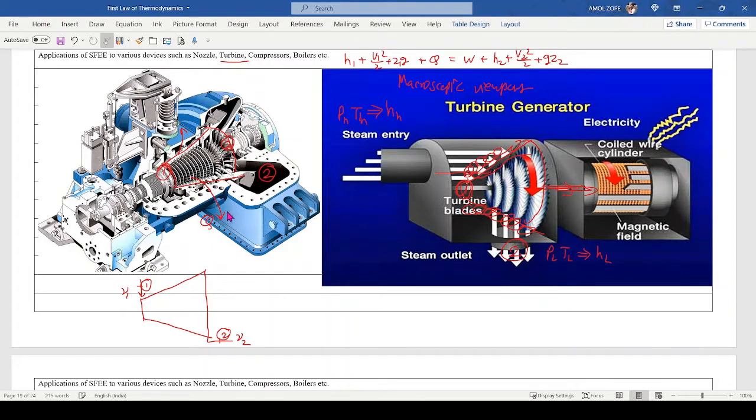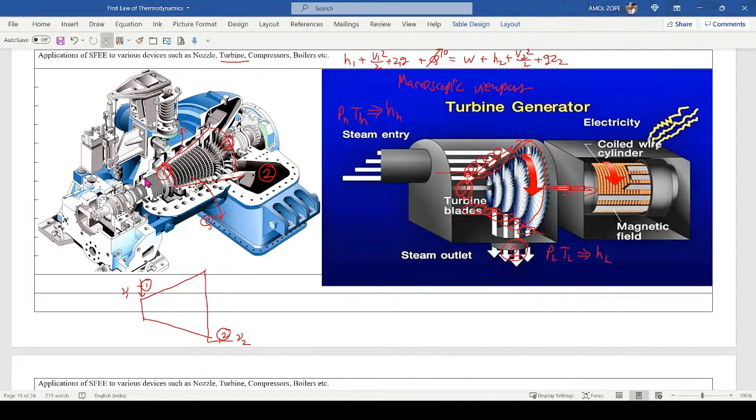Now, when I say the heat transfer is zero, please note that practically it is not zero. Practically, you cannot touch this surface, it is so hot. But when I say heat transfer is zero, it means comparing with the numerical values of the other quantities, I can assume that heat transfer is almost negligible, so zero.